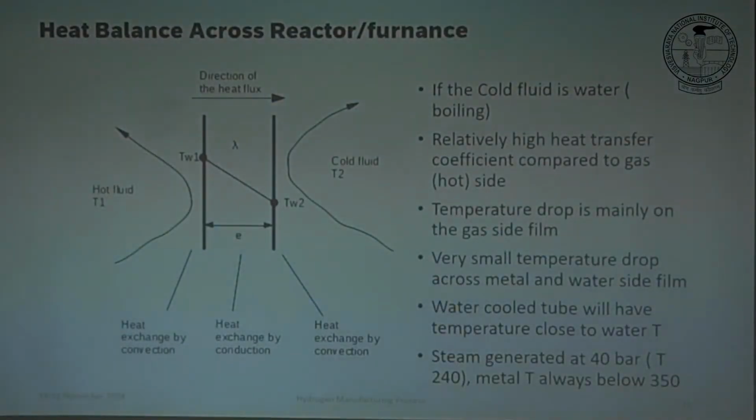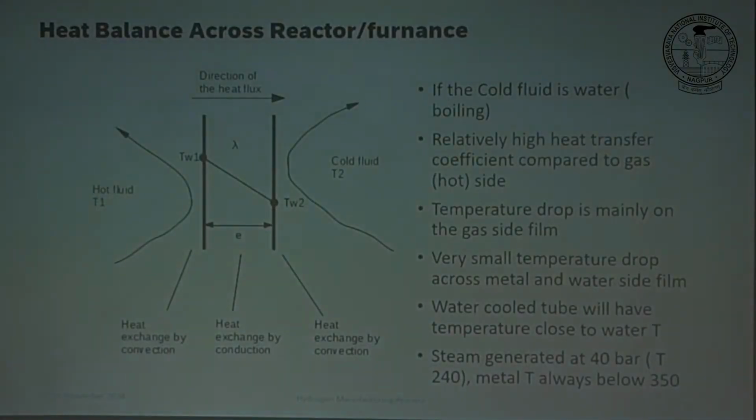So with such a combination, for example, if we have this gas being cooled from 850 to maybe 300 degrees, and if we have boiling water on the other side, where will be the major temperature drop from the hot side to the cold side? Where will be the biggest temperature drop? Where the heat transfer coefficient is high or low?